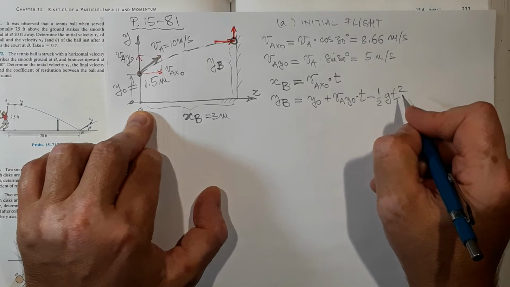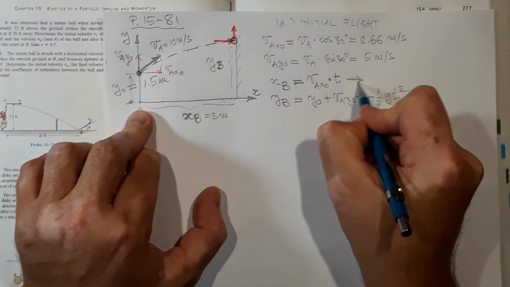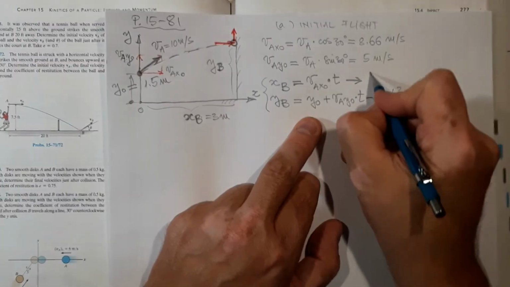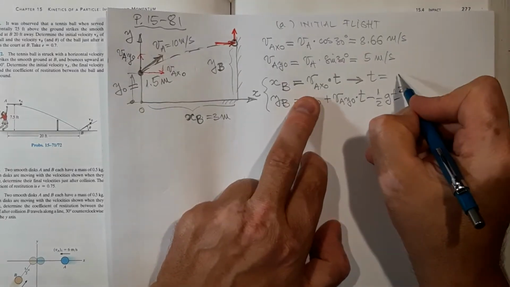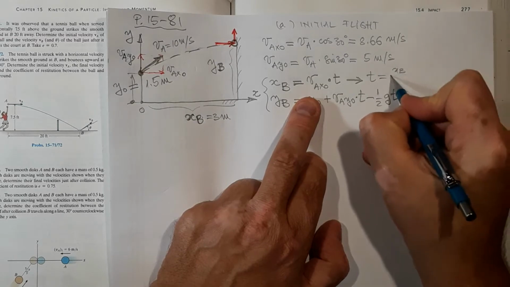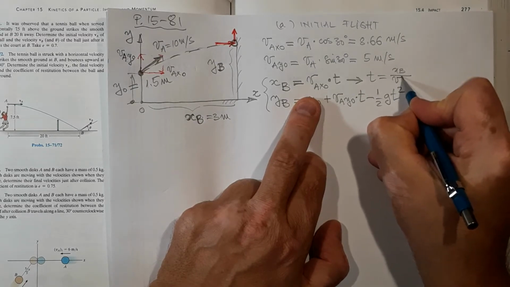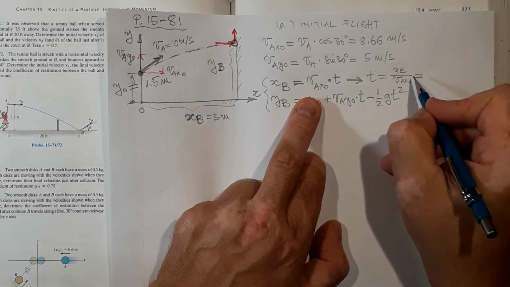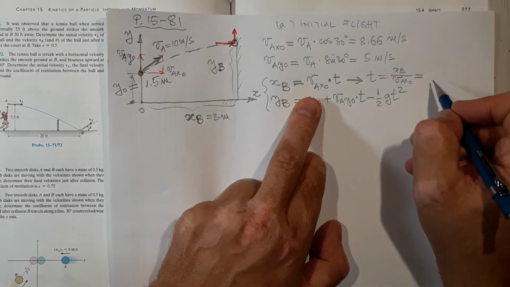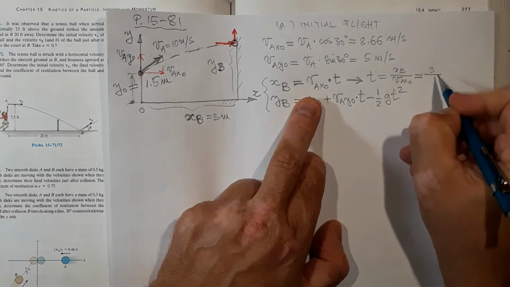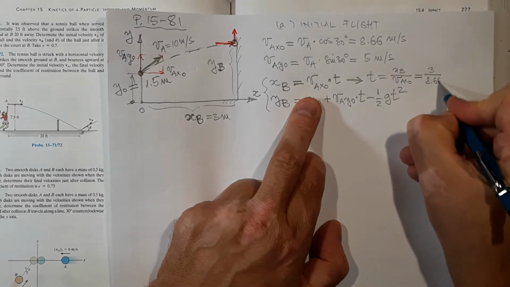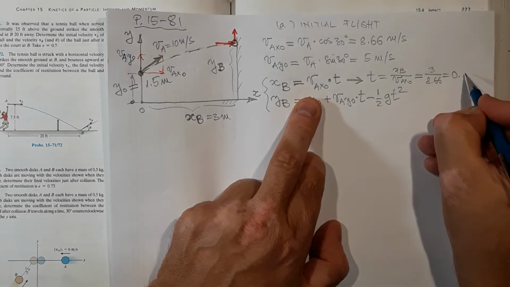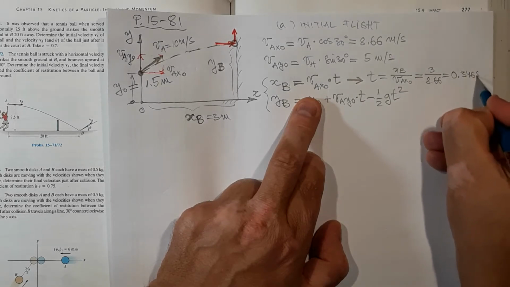From the first equation, we can extract t. T is going to be xb over velocity of A x0, so 3 meters over 8.66, and the time is 0.346 seconds.